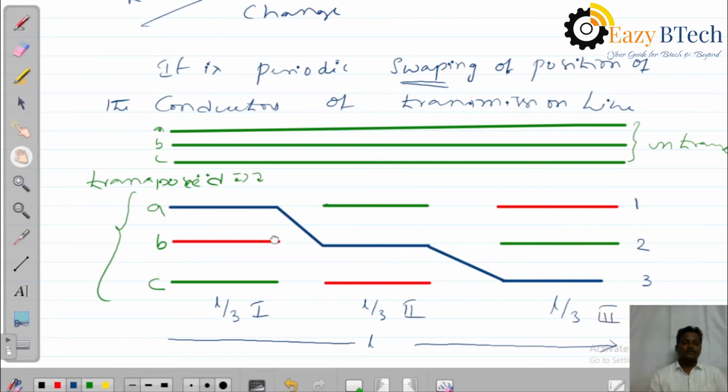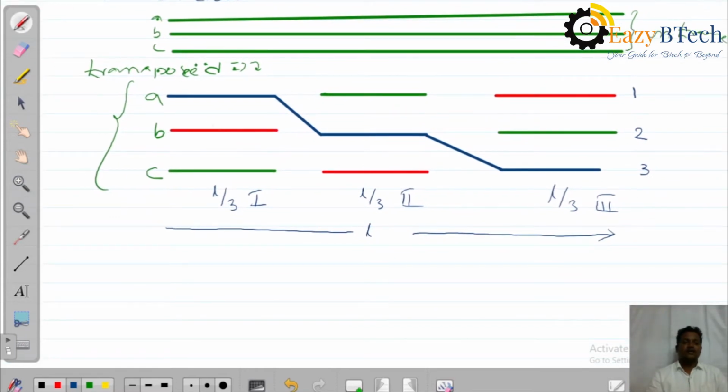In the first interval, A is at position 1, B at position 2, C at position 3. In the second interval, C is at position 1, A at position 2, B at position 3.